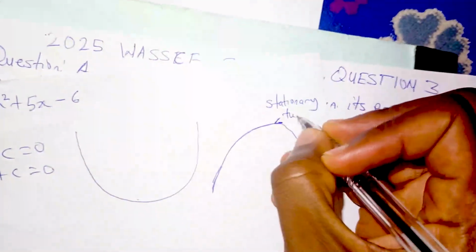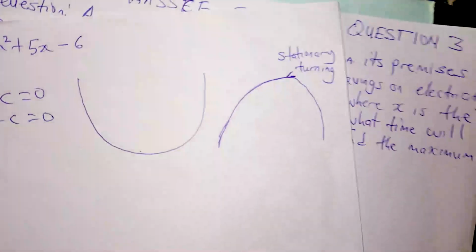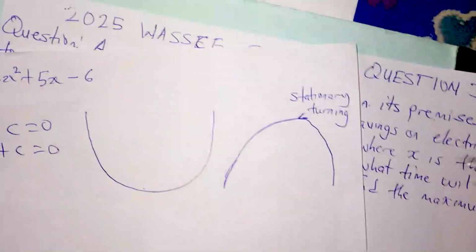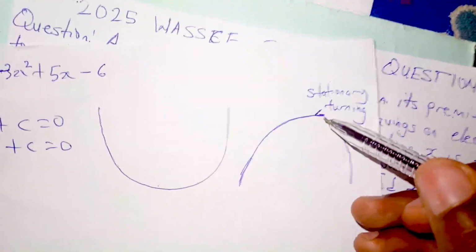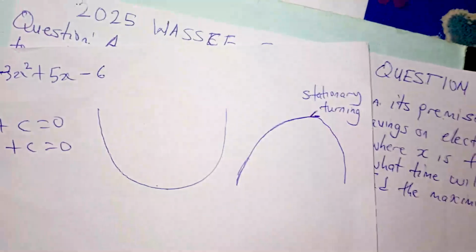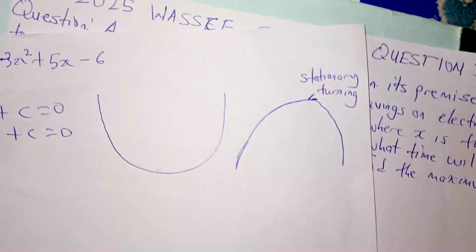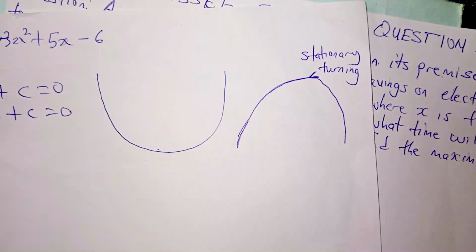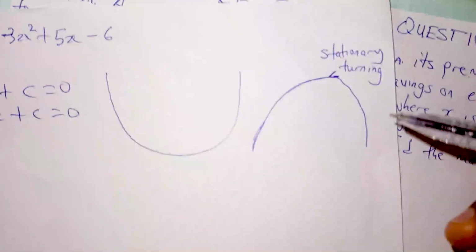This is a topic under application of differentiation. So the point where a parabola or any curve starts rising, stops rising or stops falling is called a stationary point or turning point, and that is what we have to find here.